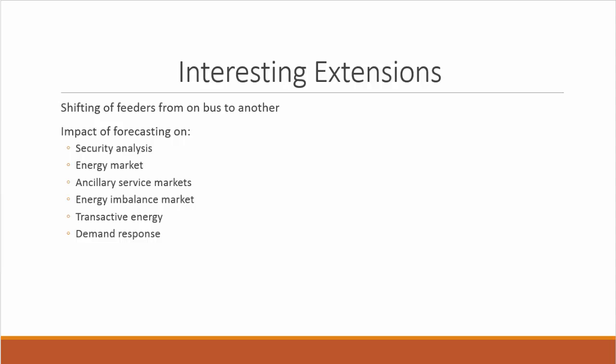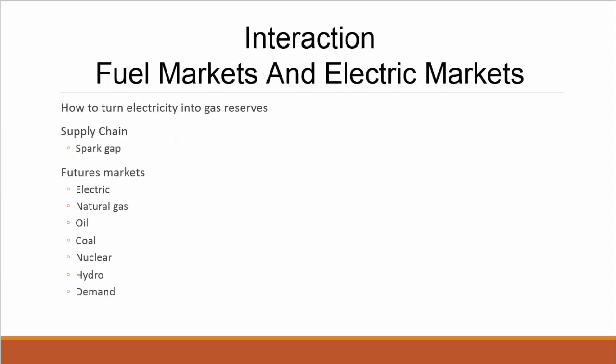This is one of the areas when you get into competitive markets as an ISO or a regional pool operator, reliability operator, where you really want to know what the forecast is telling you. Of course, today, the main thing that's coming forward is the interaction of fuel markets and electric markets.